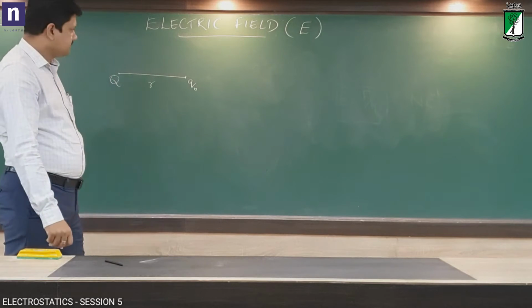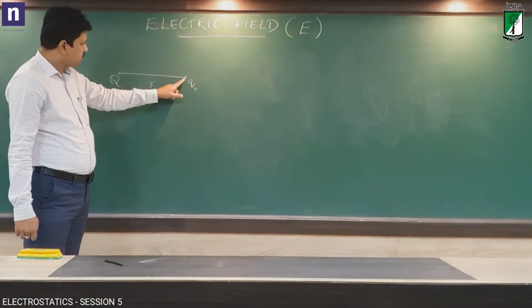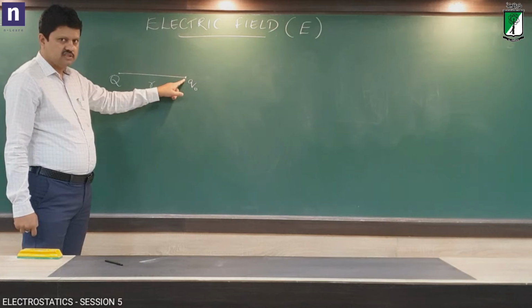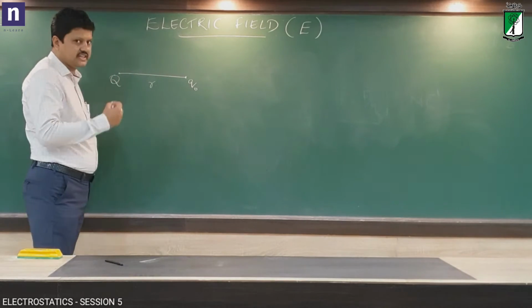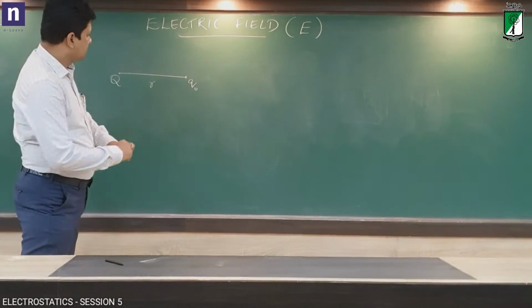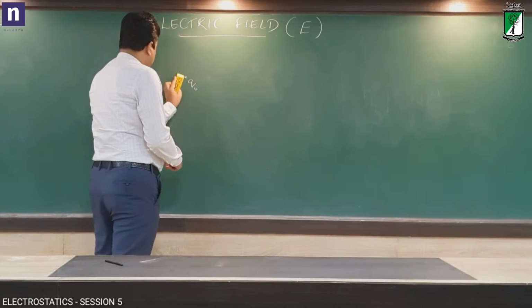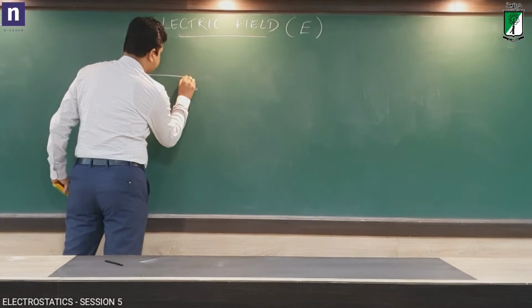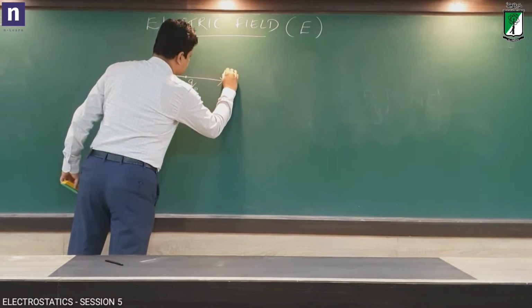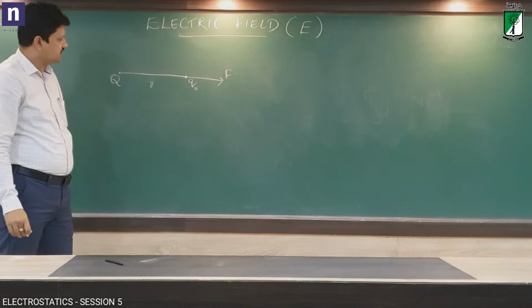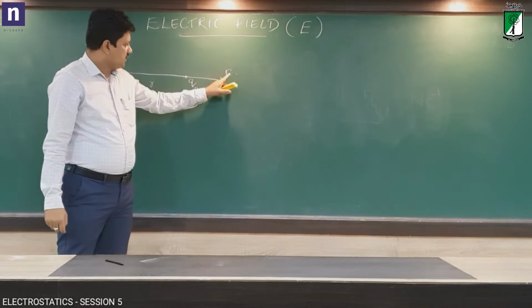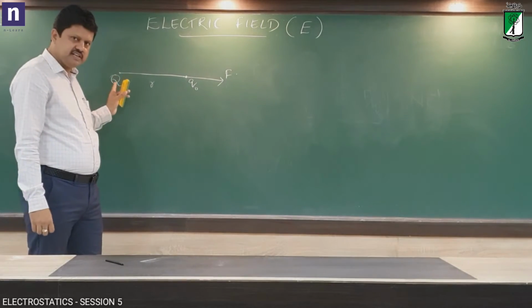As I was telling, the force at this point on Q naught due to capital Q is in what direction? Assuming that both the charges here are positive, I can say the force is in this direction. So force per unit charge is the electric field.